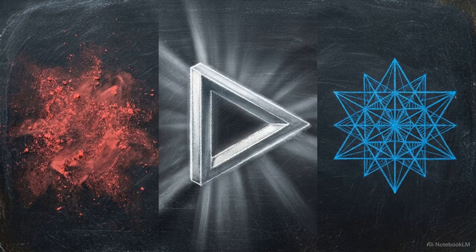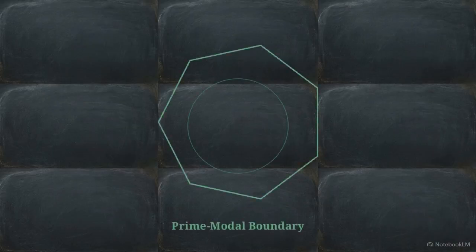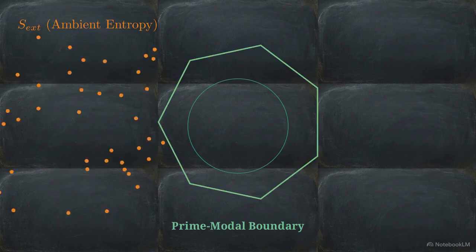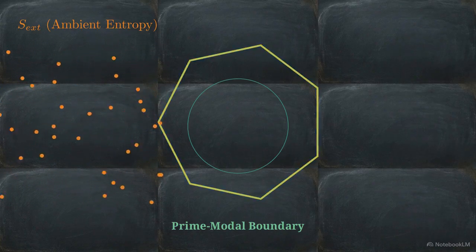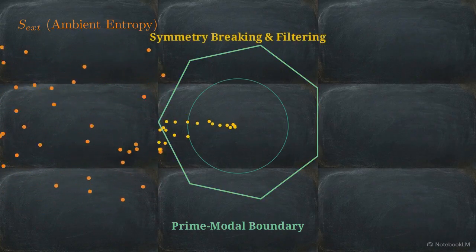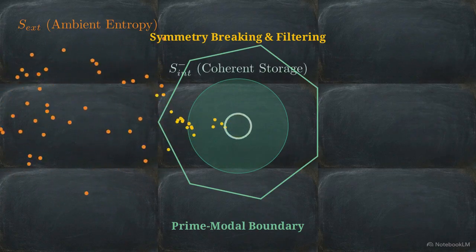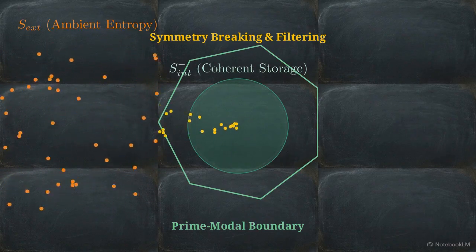When we combine the open thermodynamic system, the tripole architecture, and prime modal geometry, we get the complete Super-Q operating cycle. This cyclical flow diagram shows the process in motion. A chaotic field of ambient entropy continuously strikes the precisely engineered phase-locked boundary. The prime geometry of the boundary filters this noise, funneling the viable entropy inward to generate a highly stable, coherent internal storage mode.